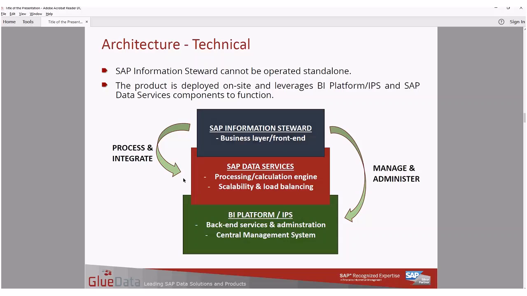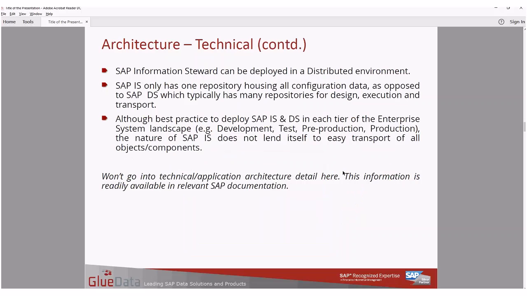Okay, I mentioned here that Information Steward cannot be operated standalone. It's dependent on data services and the platform, as I said, but having said that, data services does provide that flexible technical layer, essentially the execution layer. So you can scale in that regard.